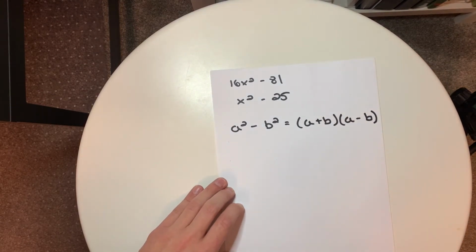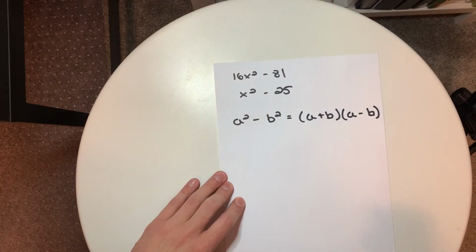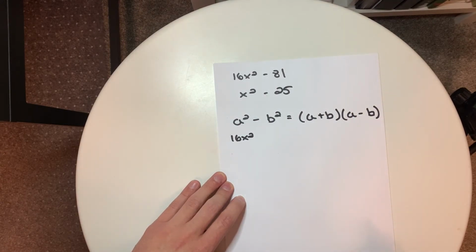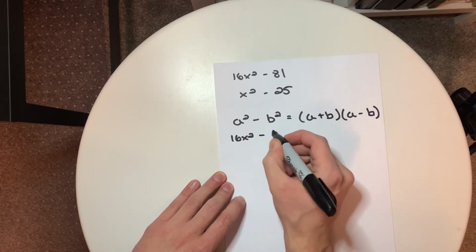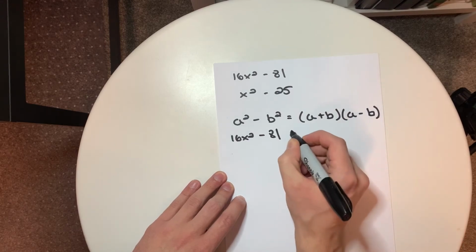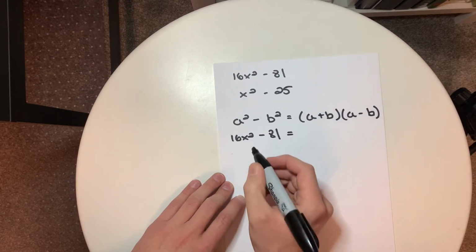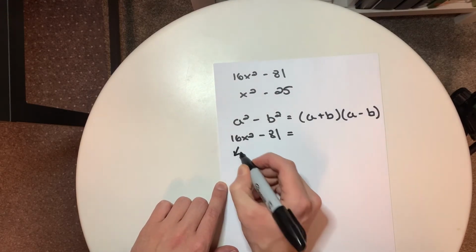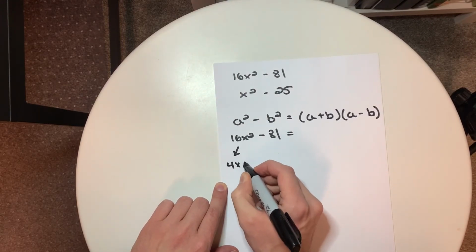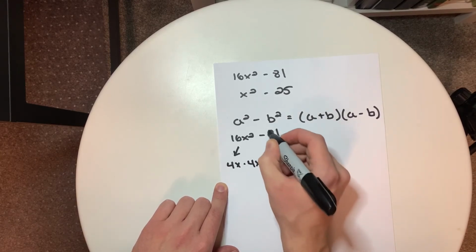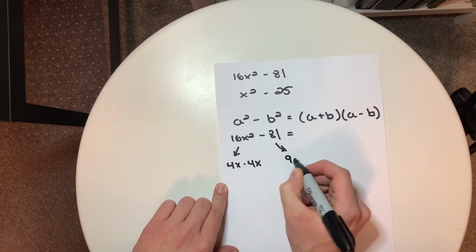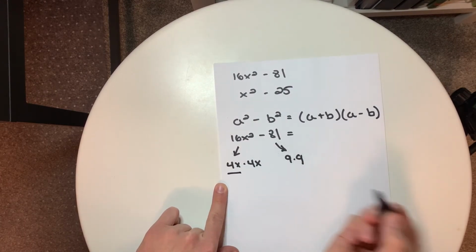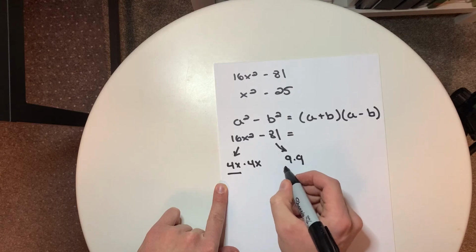And so this should put some clarity on our problem that we just worked on, because we said if 16x squared is equivalent to a squared in this case, and b squared is equal to 81, then when we put it in our final form, if this can be broken down into 4x times 4x, and 81 can be broken down into 9 times 9, then it should make sense that a singular a is equal to 4x, and a singular b equals 9.